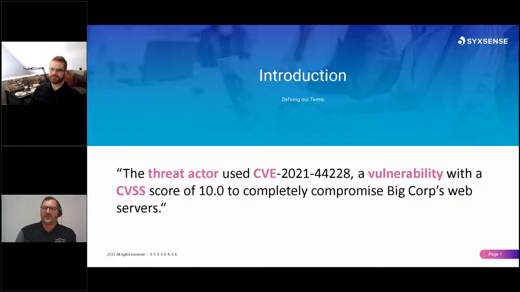And so it's very important that we just analyze this kind of terminology to understand what each of these mean when it's related to the vulnerability in its bigger picture.